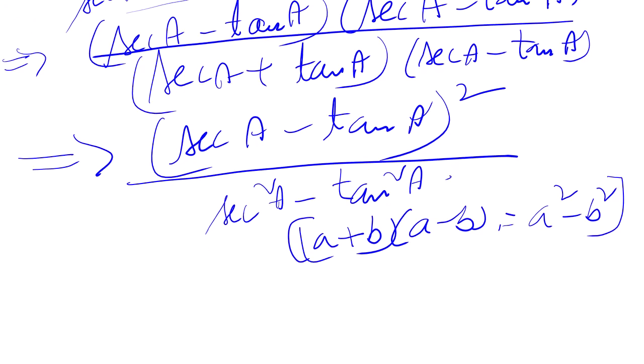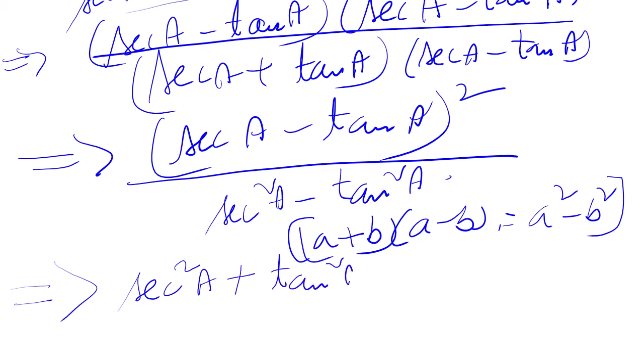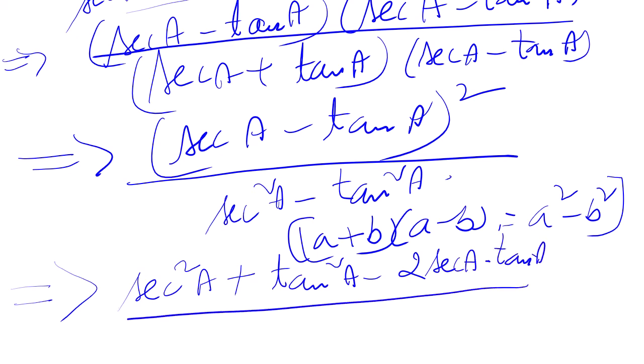Okay. So now denominator will become 1 and then the numerator we will write first we will expand, that is sec A minus tan A whole square. So it will become sec square A plus tan square A minus 2 sec A tan A upon 1.